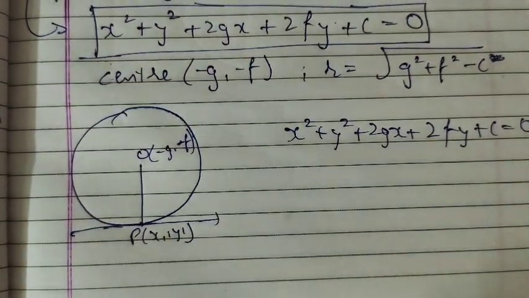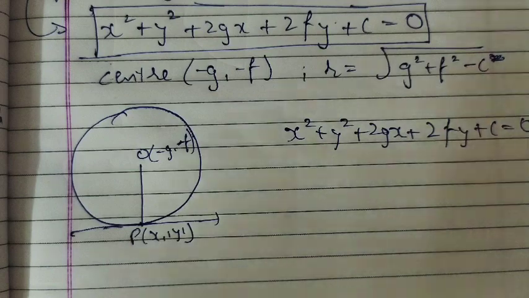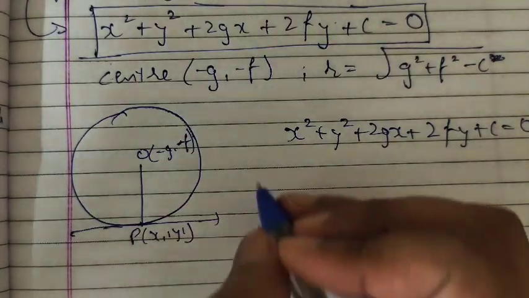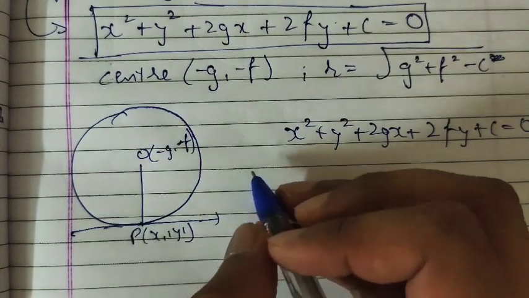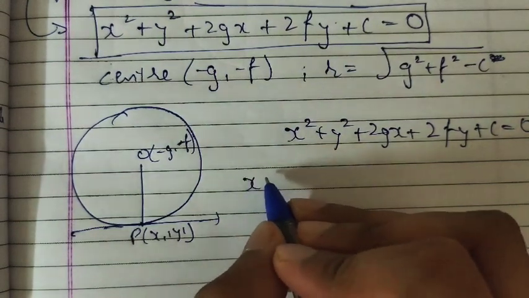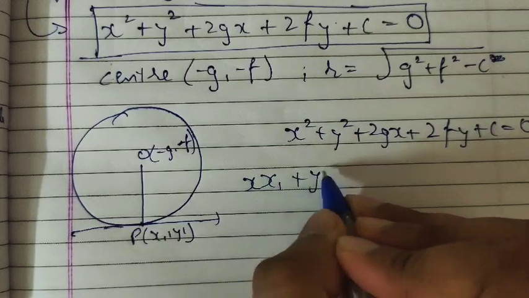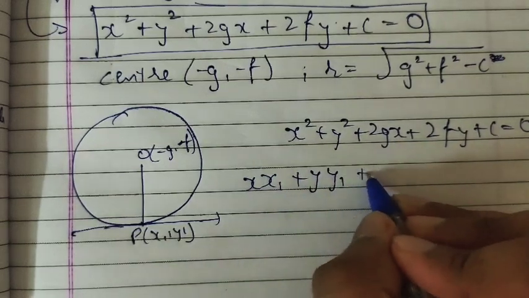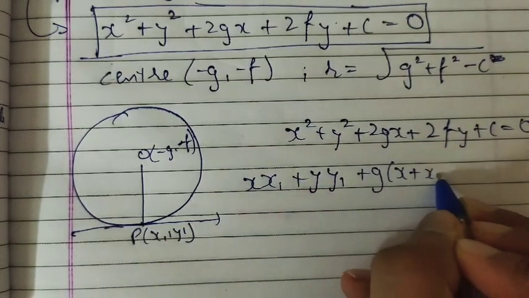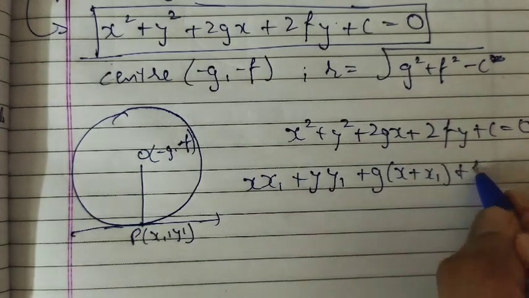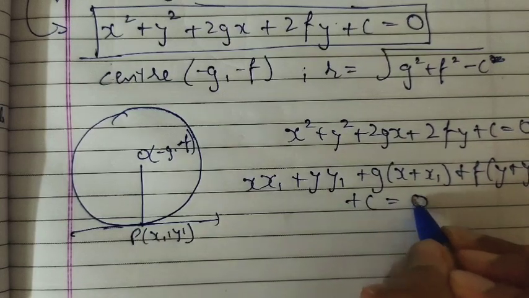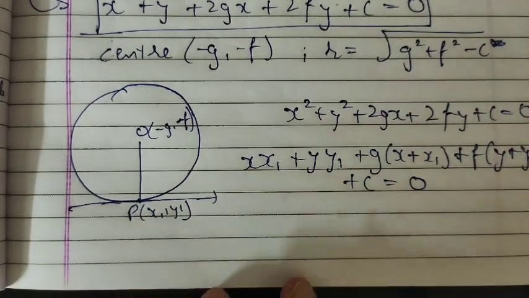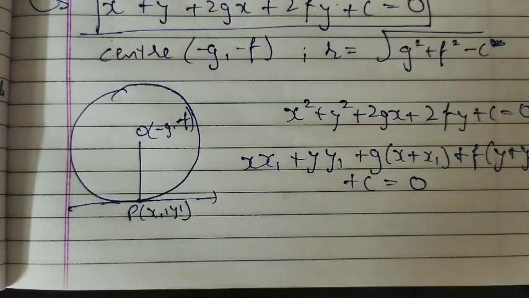If we substitute the values into it, we'll get the equation of the tangent as x x1 plus y y1 plus g (x plus x1) plus f (y plus y1) plus c is equal to 0. You don't have to learn this, we'll determine it with the help of questions.